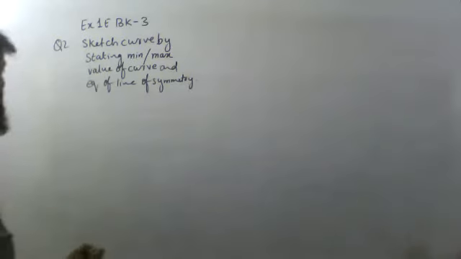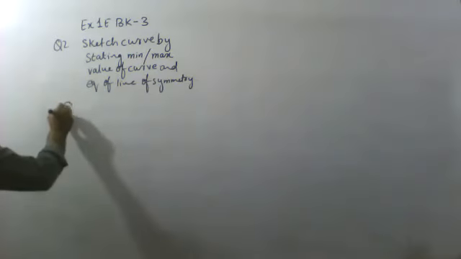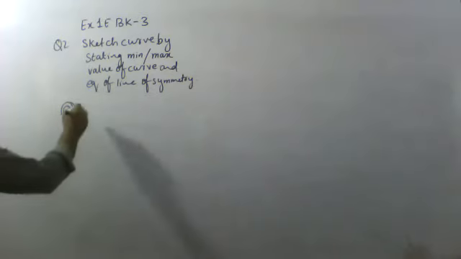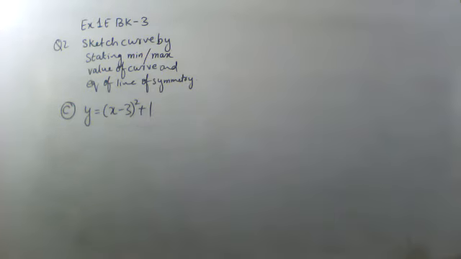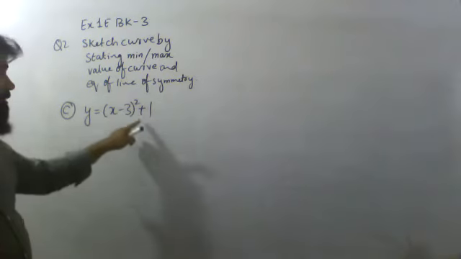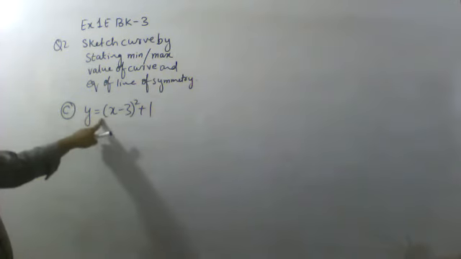Now I am doing part C over here. It is given y equals (x minus 3) whole squared plus 1. Outside the bracket there is no sign given, so it is a positive sign.